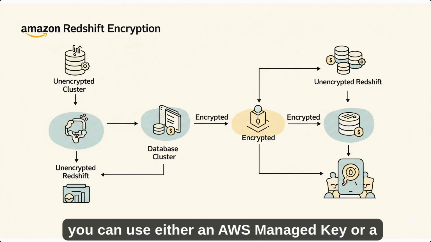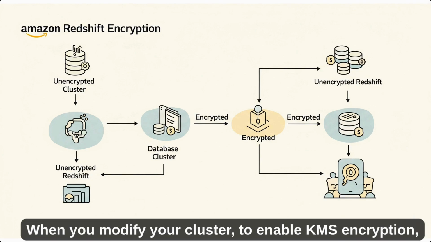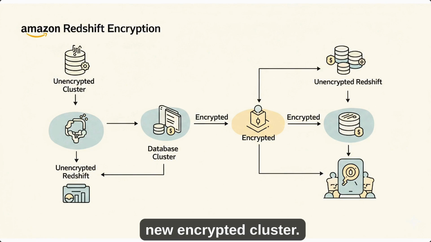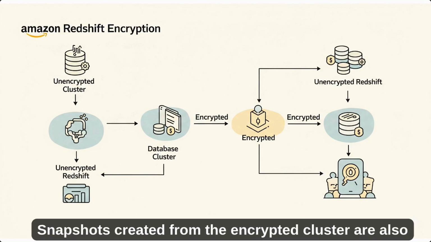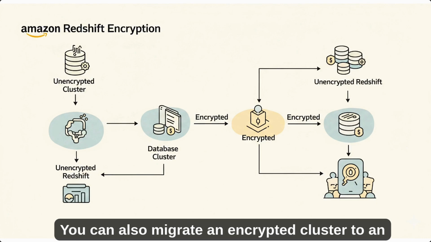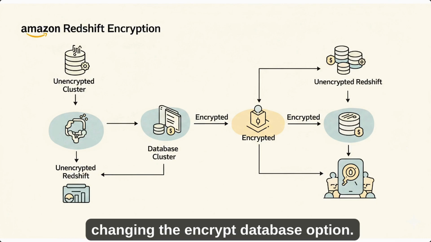To do so, you can use either an AWS managed key or a customer managed key, CMK. When you modify your cluster to enable KMS encryption, Amazon Redshift automatically migrates your data to a new encrypted cluster. Snapshots created from the encrypted cluster are also encrypted. You can also migrate an encrypted cluster to an unencrypted cluster by modifying the cluster and changing the encrypt database option.